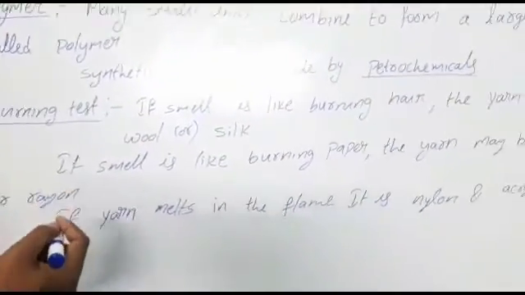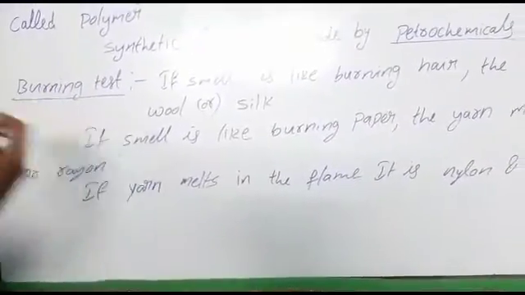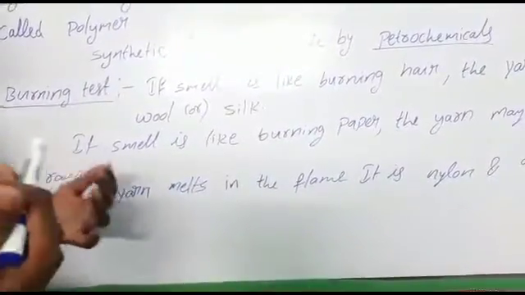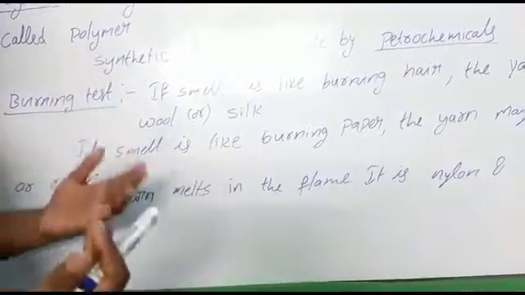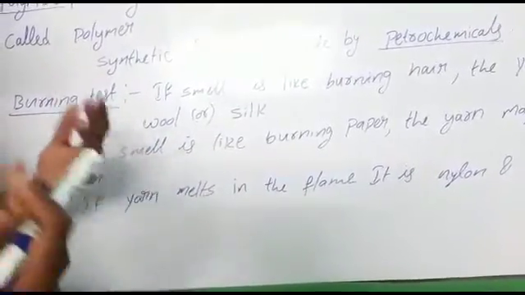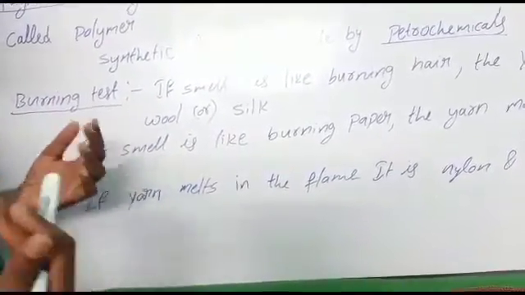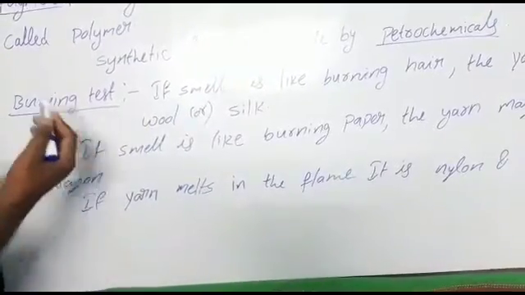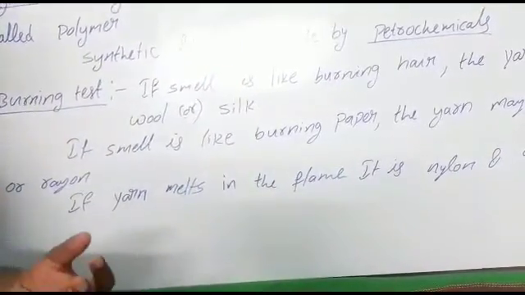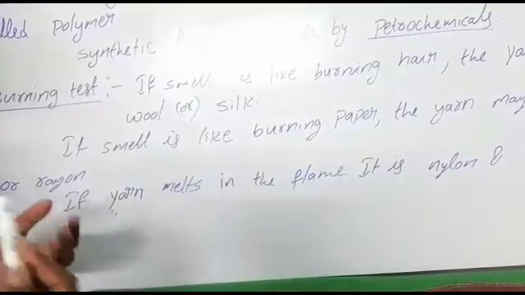So here we have some clues to identify the fiber. By seeing we can't identify which fiber it is, but by using a burning test we can identify what type of fiber that is.